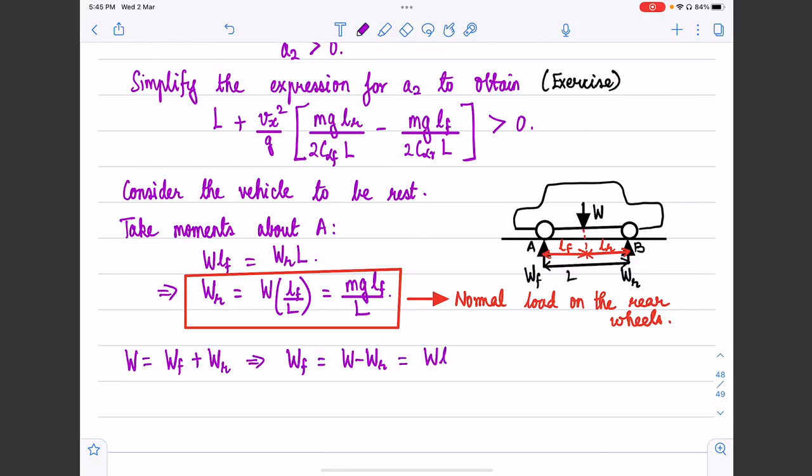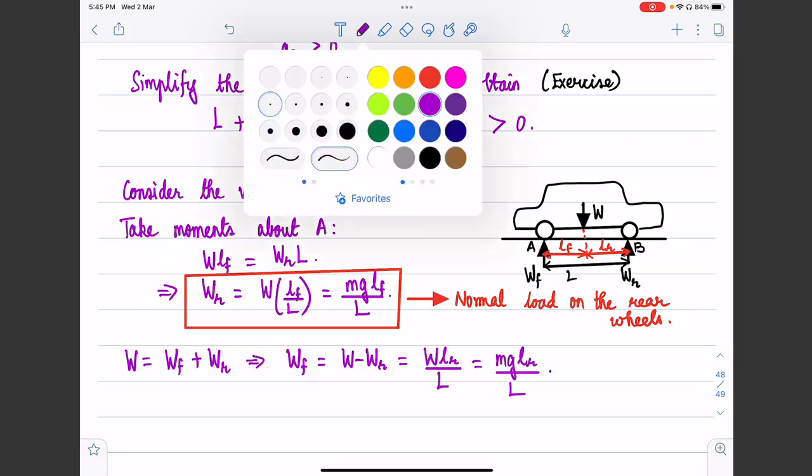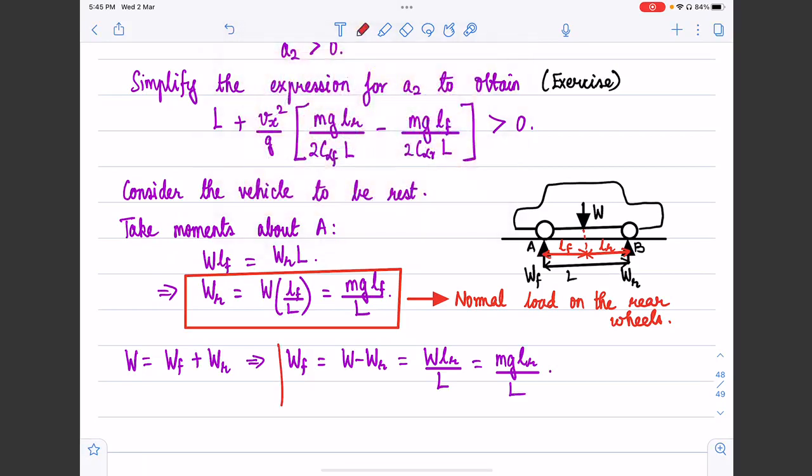We will see that we get it as W LR by L, because LF plus LR equals capital L. And we can rewrite this as mg LR divided by capital L. This is the expression for the normal load on the front wheels.